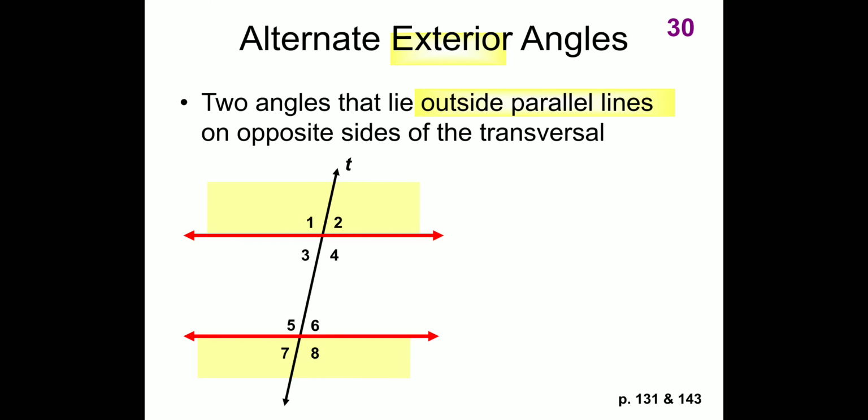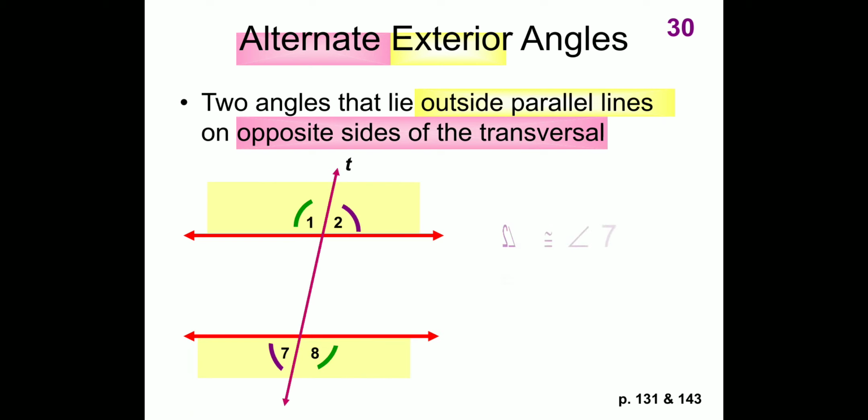The interior angles are between the parallel lines and the exterior angles are outside the parallel lines. Again, alternate means opposite. So here 2 and 7 are alternate exterior angles and 1 and 8 are alternate exterior angles. So 2 is congruent to 7 and 1 is congruent to 8.